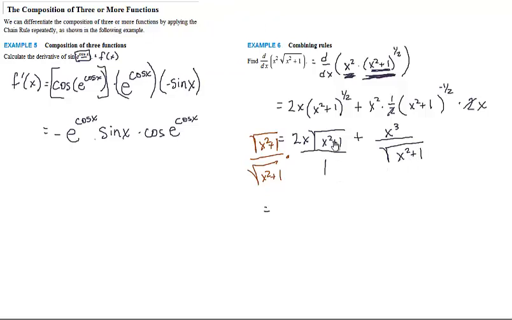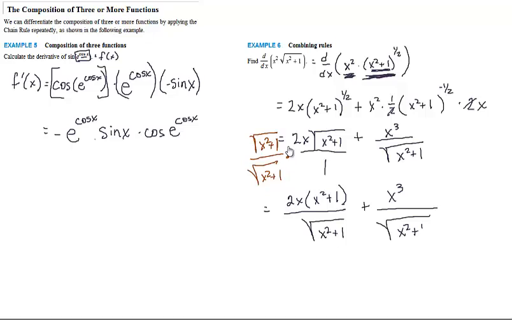And then I'll just manipulate whatever's going on here. Let's see. So I'll have 2x times, and these have exactly the same base, so the power would be 1/2 plus 1/2, which is 1. So that's what I'll have in the numerator, and that does look nice. I have x squared plus 1 in the denominator plus x cubed over square root of x squared plus 1 down here.